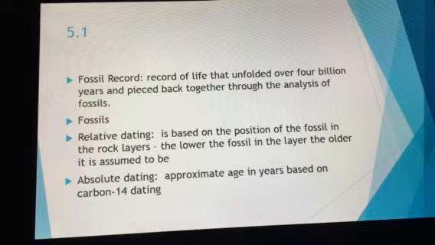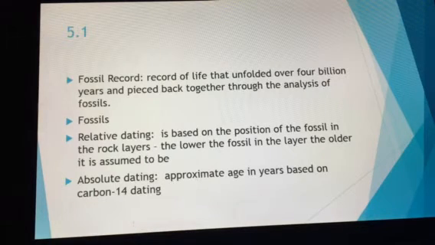However, we do have absolute dating, and absolute dating has a lot more precision in it. And basically with absolute dating, we're able to use carbon-14 dating. Now, carbon-14 is a radioactive isotope that we find within all living organisms, including yourselves. And so once we die, carbon-14 breaks down very, very slowly.